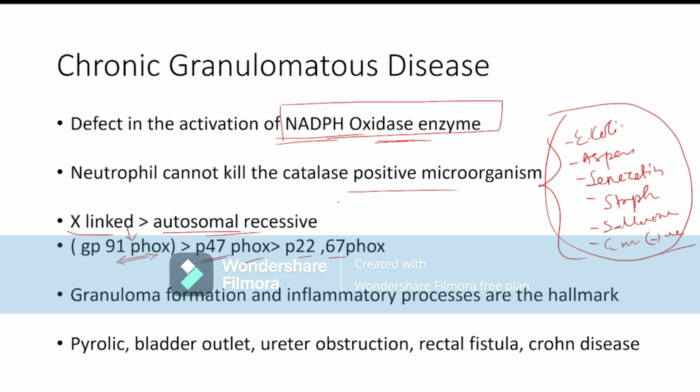And this child is also suffering from granuloma formation, because inflammation is the hallmark of this disease. So what is the granuloma formation? Granuloma is mainly formed by the infectious process, and granuloma is mainly formed in the GI tract, or ureter, or bladder, or any rectal fistula that can be seen in this child.